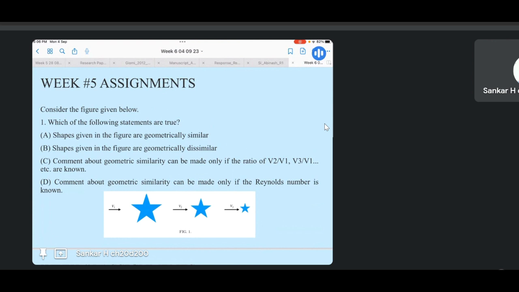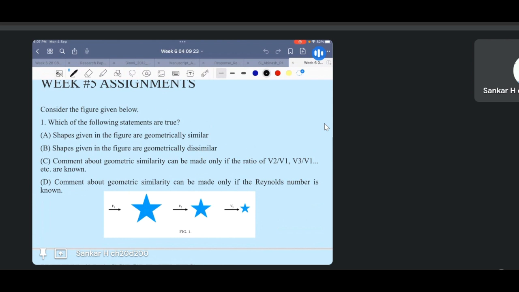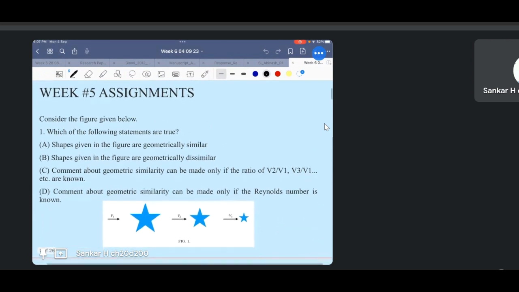Let's start with the assignment questions that were due a couple of weeks before. I think the 16th or the 23rd was the deadline for these assignments. Let's get started with the week 5 assignments. These are the graded assignments.